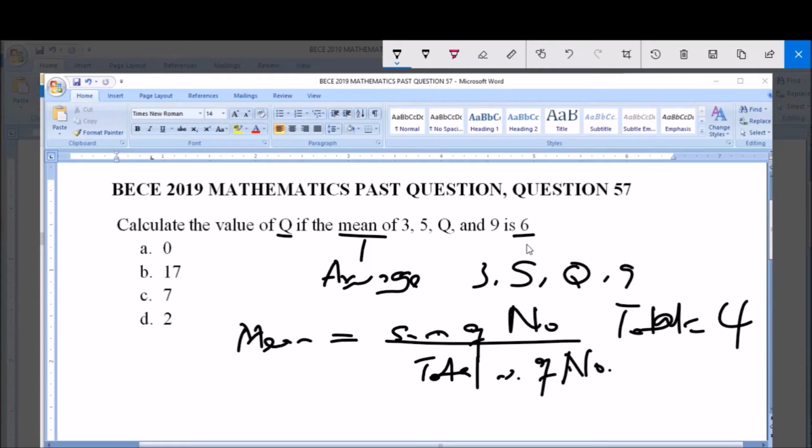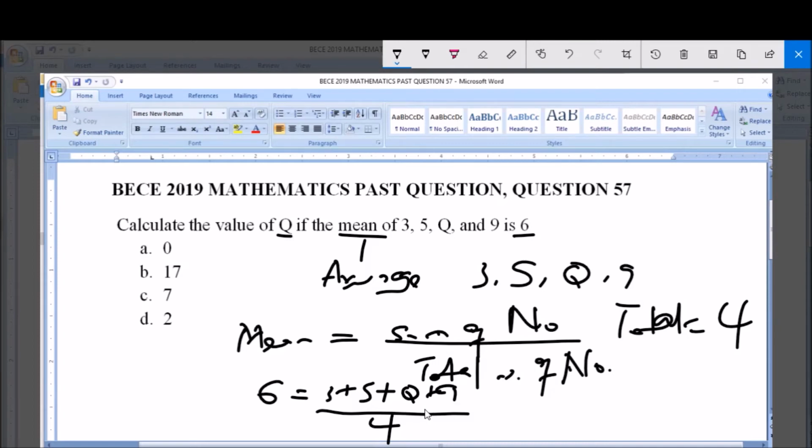Now our mean is given to us as 6, so that means 6 is equal to 3 plus 5 plus Q plus 9 all over 4. Now we will sum this up. 3 plus 5 will give us 8, and 8 plus 9 will give us 17.